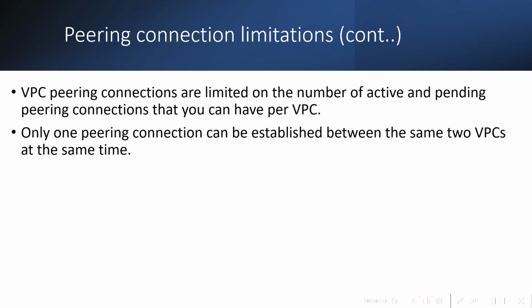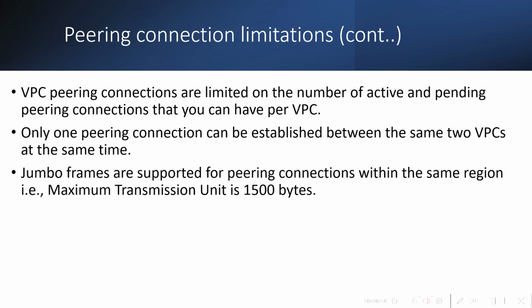So if there is a peering connection between VPC A and B, you cannot create another peering connection between VPC A and B. Of course, you can create a peering connection between VPC A and C or B and C, but you cannot create multiple peering connections between two VPCs.